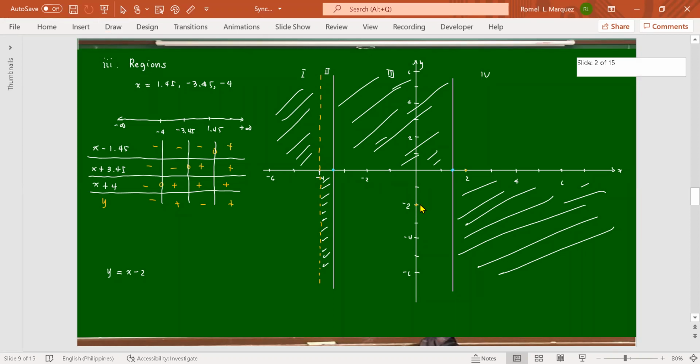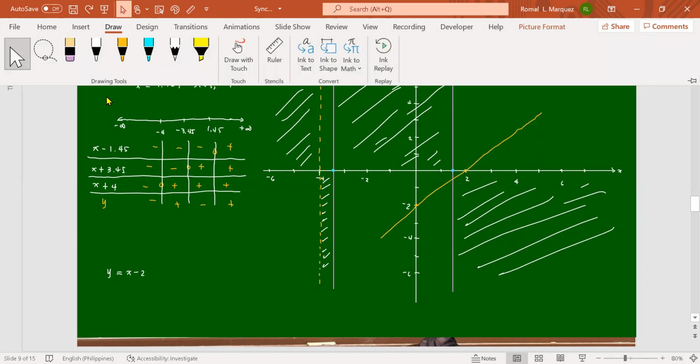Gawa tayo ng line na dadaan dyan. Ang hirap naman gawa ng line. So, try ko lang kung kaya ko maging straight line yan. There is a feature here in PowerPoint where you can make it straight line.